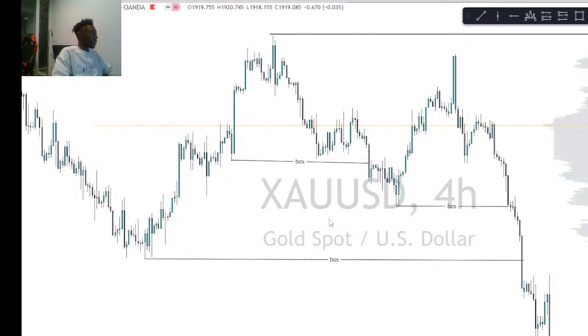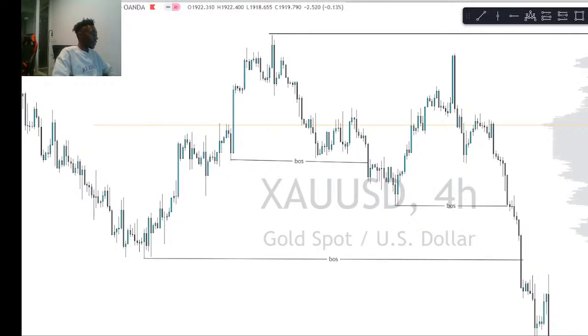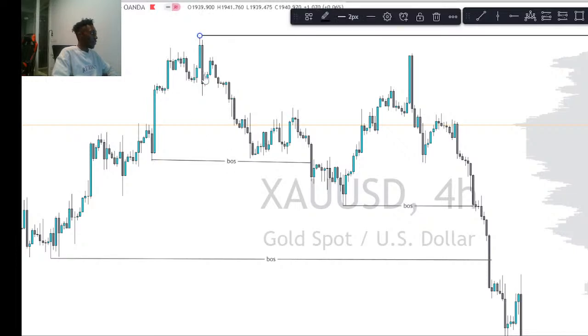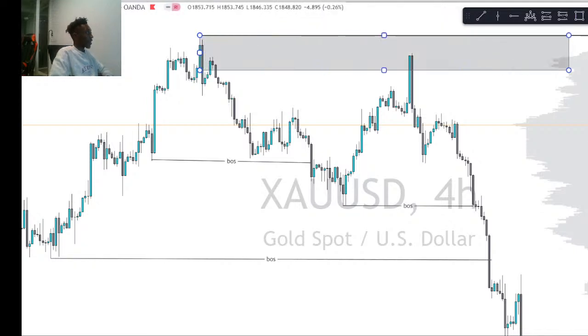After we spotted this break of structure, you need to go up where the market gave you a high, and then you look for a supply zone. After the market gave you that supply zone, it went down, and then it came back and tested that supply zone.